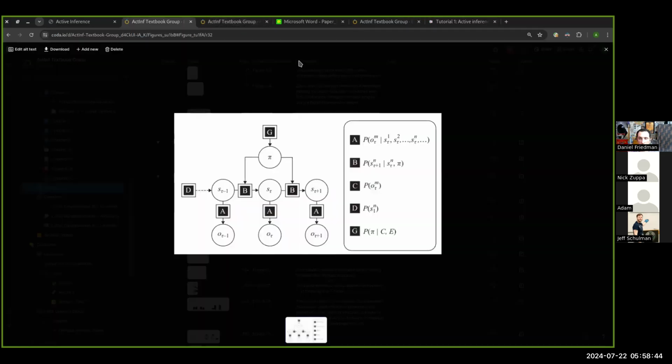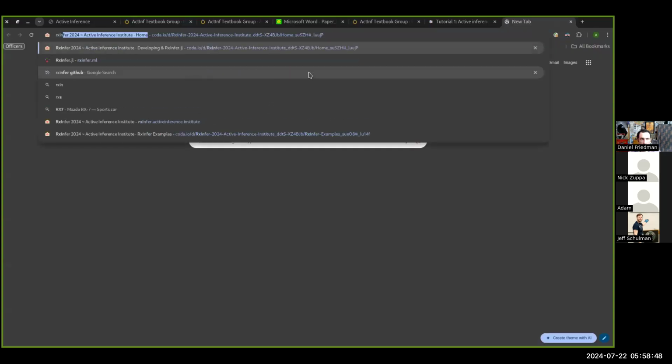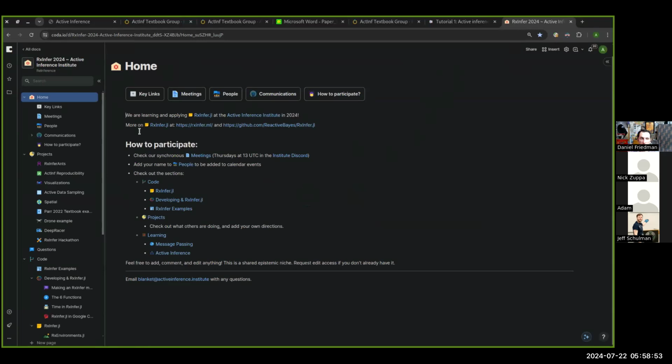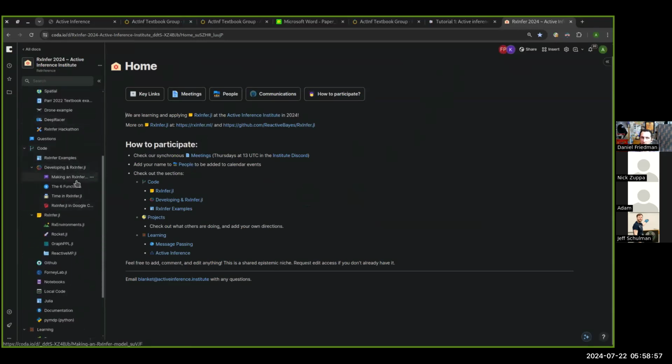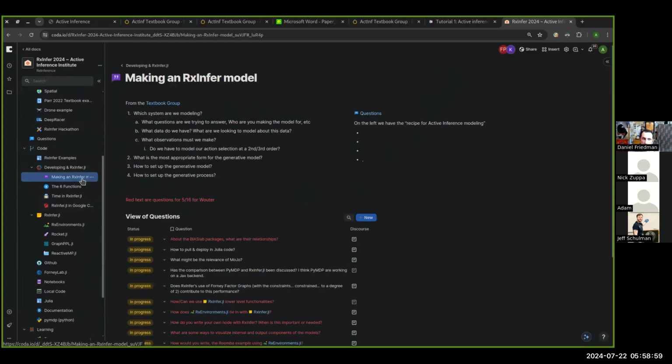Dan, is there a similar recipe book in terms of RxInfer? We want to be building them, making an RxInfer model. So the same recipe should apply.